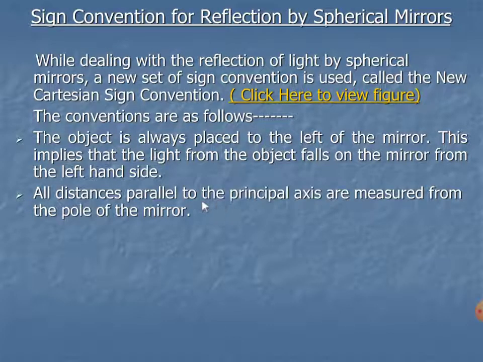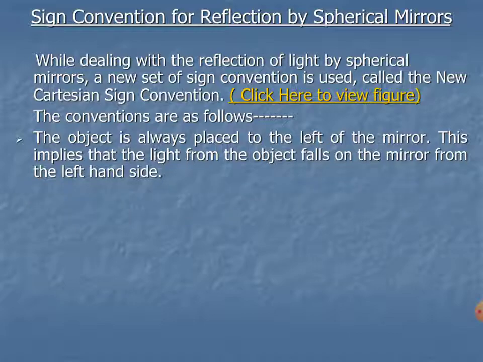All distances parallel to the principal axis are measured from the pole of the mirror. This is very important. The zero of every measurement should be on the pole of the mirror. In the case of lens, we call it the optical center, right?